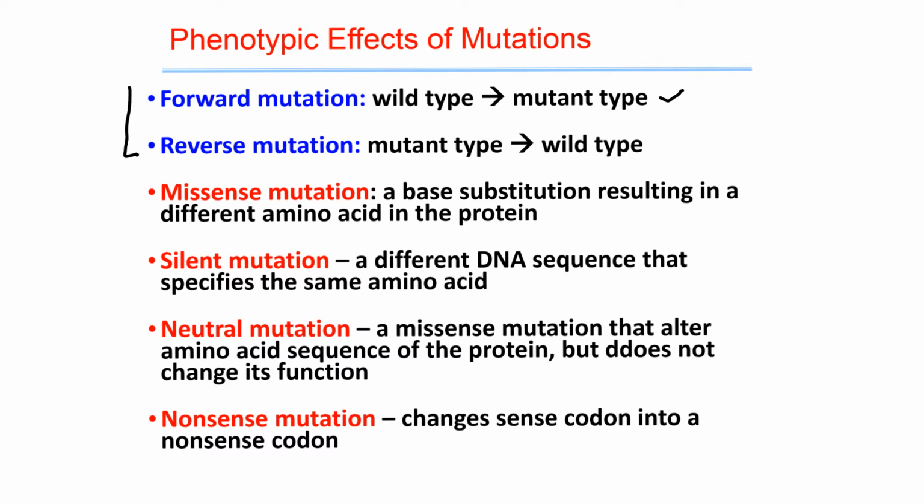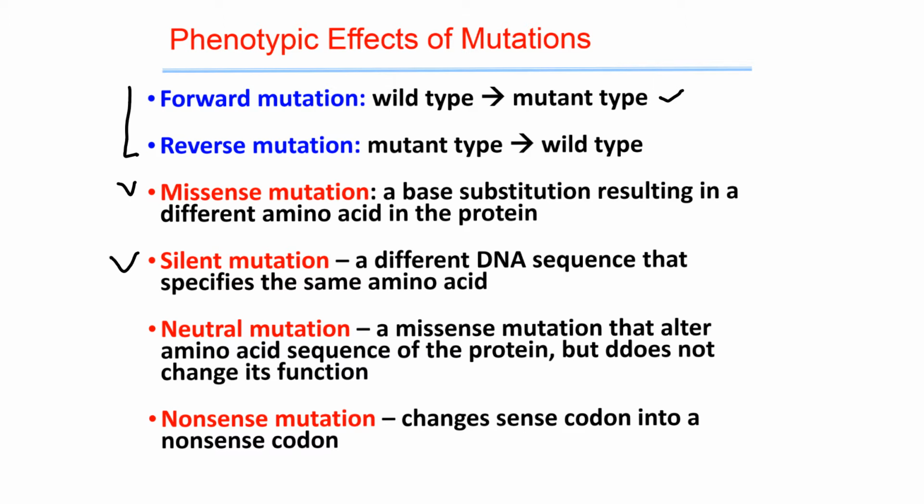Now, in other terms, how to describe the effect of base substitutions on the phenotype are outlined right down here in red. We can distinguish missense mutations, silent mutations, neutral, and nonsense. A missense mutation is a base substitution that results in a different amino acid being incorporated in the polypeptide, so it changes the primary structure of the protein.